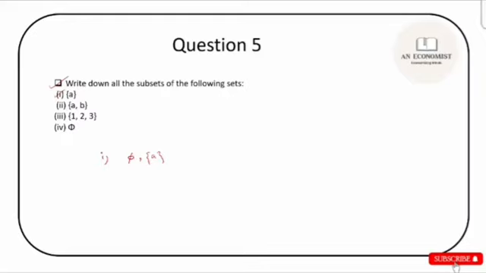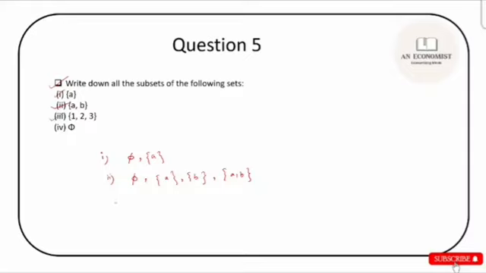So {A} has only 2 subsets. Question number 2, {A, B}. Phi and {A, B} will be there always. What are the other subsets? {A} will be a subset, {B} will be another subset. So this set has 4 subsets.